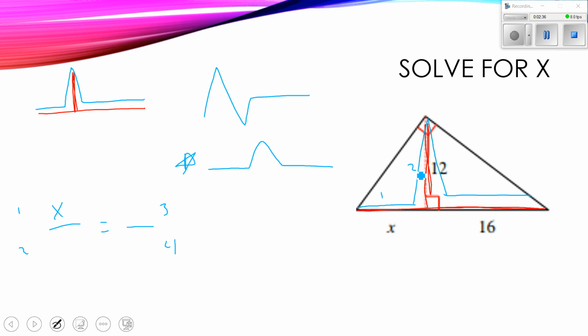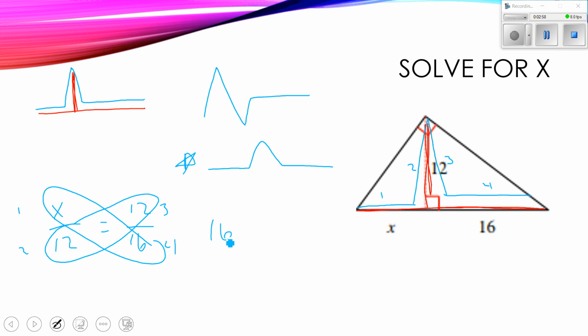Then we went up 12. Then we came down 12. And we went over 16. So literally our pattern as we traced the heartbeat was x, 12, 12, 16, and that's how we filled up our ratio. Now, because we have a proportion, we can cross multiply and solve.